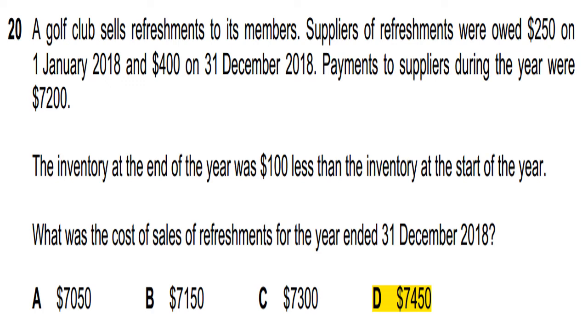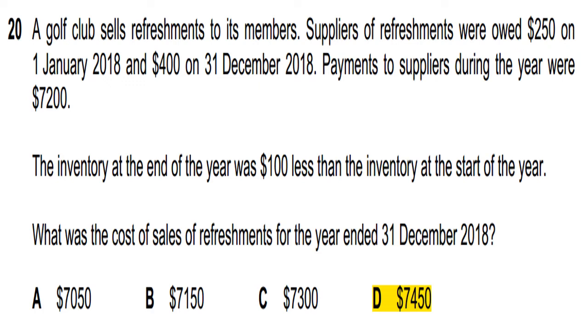So 500 less 100 will be 400. If beginning inventory will be 800, then ending inventory will be 700, because 800 less 100 is equal to 700. What was the cost of sales of refreshment of the year ended 31st December 2018?